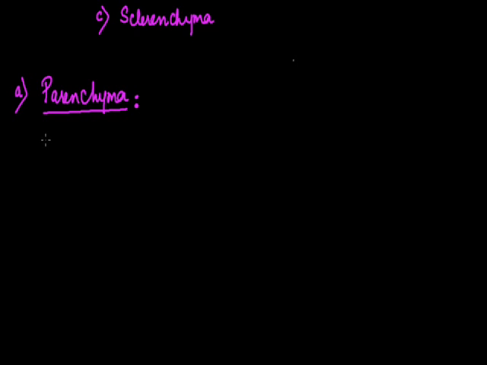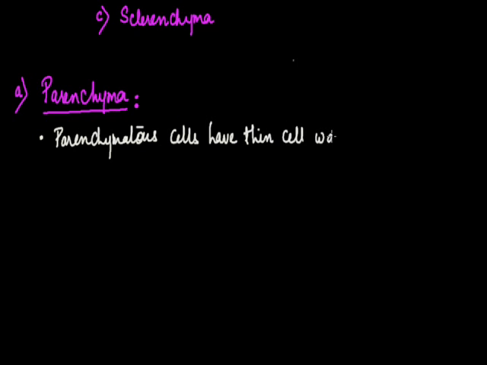The parenchymatous cells have a thin cell wall. If we talk about the composition of the cell wall of a parenchymatous cell, the cell wall is mainly composed of cellulose and pectin. So this is a simple type of cell wall, composed of cellulose and pectin.